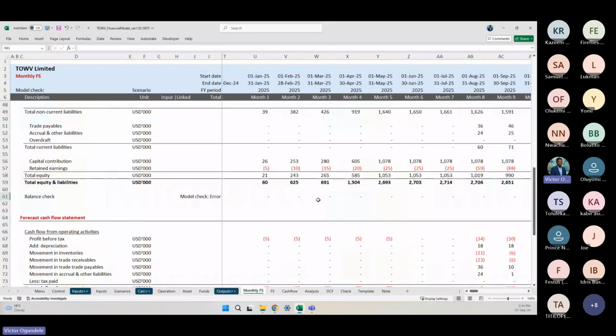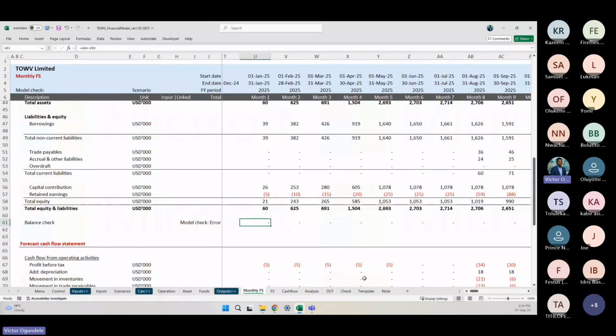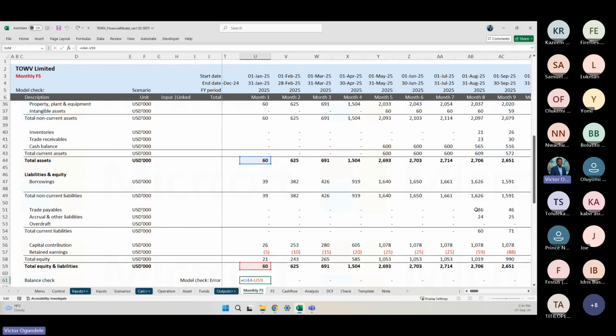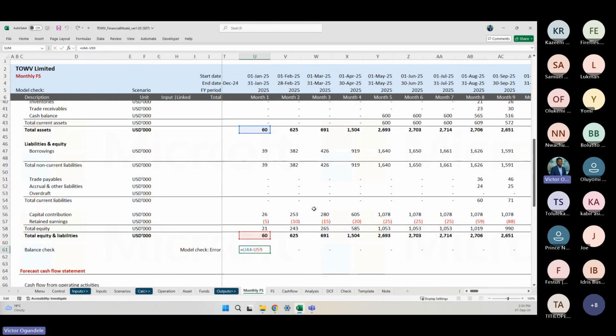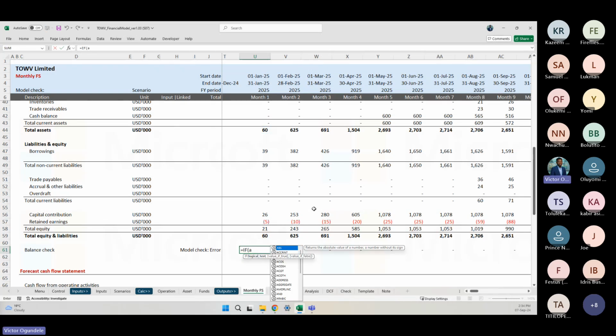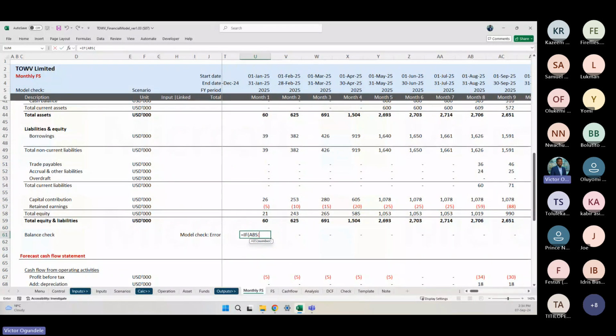Okay. Now let's come back to our monthly financial statements. And now we are going to edit our check. So here I'm going to type equal to IF, then ABS, which is absolute. This is very important.